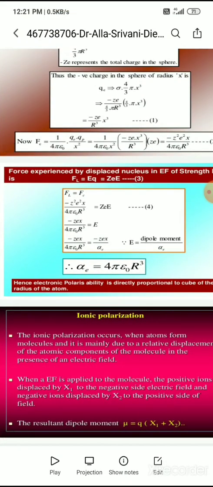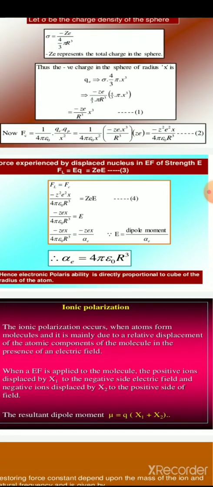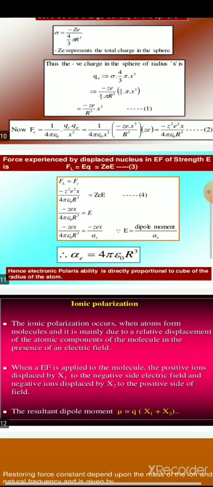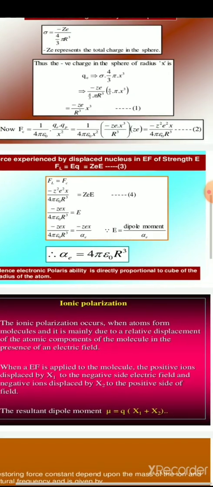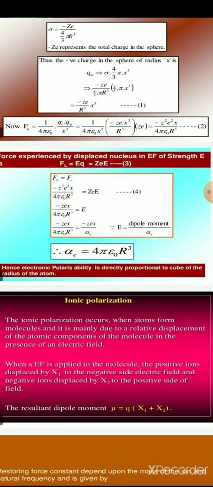Hence electronic polarizability is directly proportional to the cube of the radius of the atom. Alpha E is the electronic polarizability, and we know already that alpha E is directly proportional to r cube.